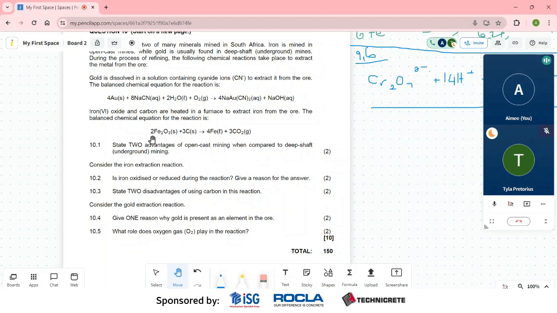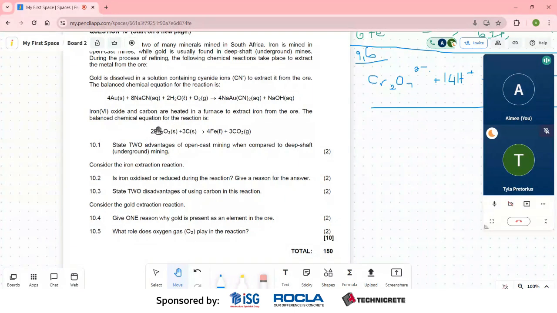And if you take a second, you will see that iron is undergoing reduction, because its oxidation number decreases from positive 6 to 0. So you can see over here that in Fe2O3, you know that the charge on O is 2 minus. So 3 times 2 minus is going to be negative 6.